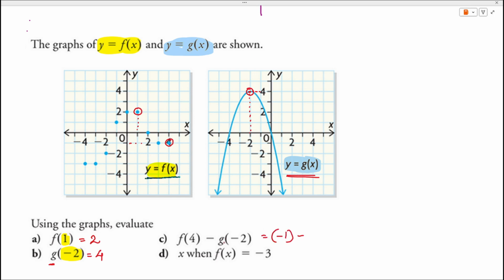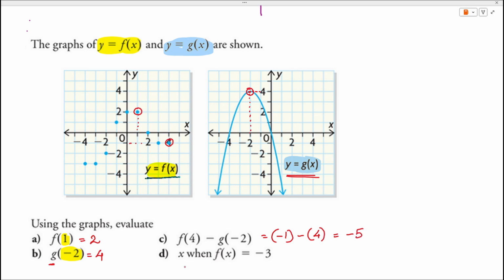And we are going to subtract g of -2, which means the y value in the g function when x is -2. The y value is 4. We already calculated it, so we are just going to put it as 4. So -1 subtract 4 is -5.